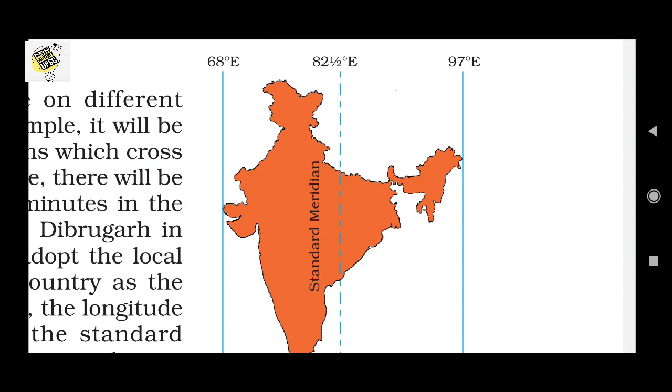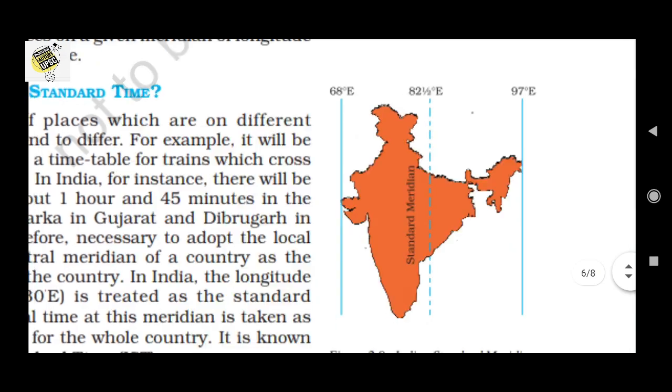Did you get that concept? This imaginary longitude passes through the center of India, at about 82.5 degrees east, and it is considered Indian Standard Time.